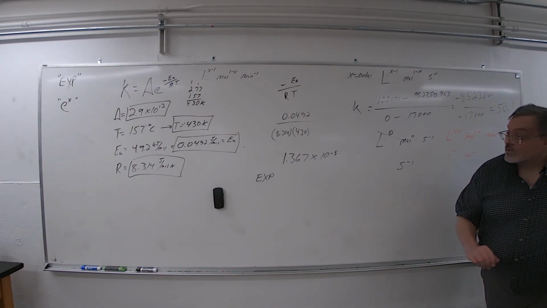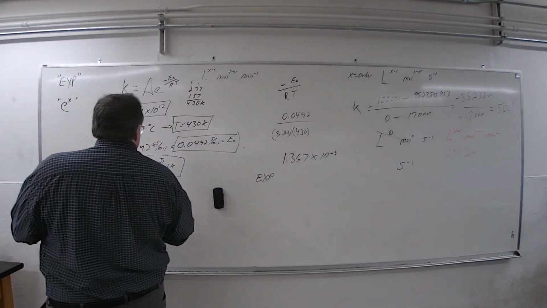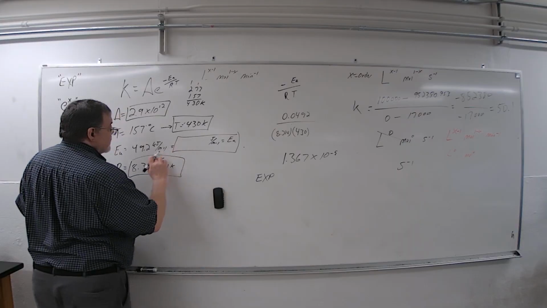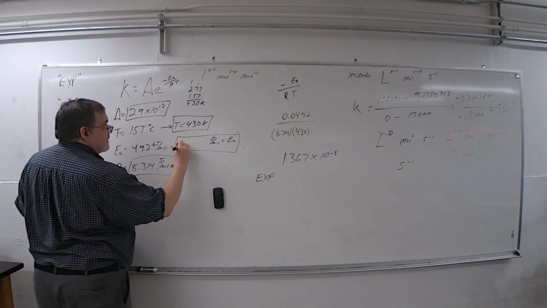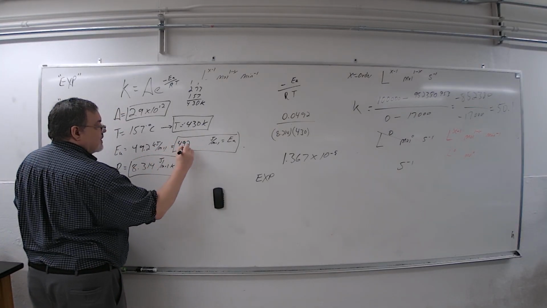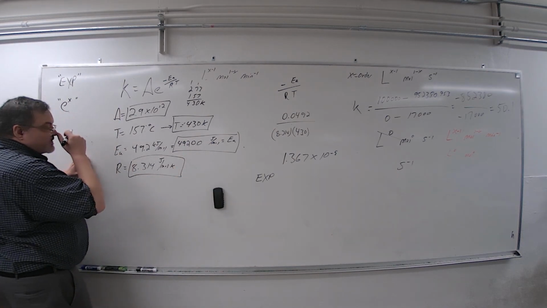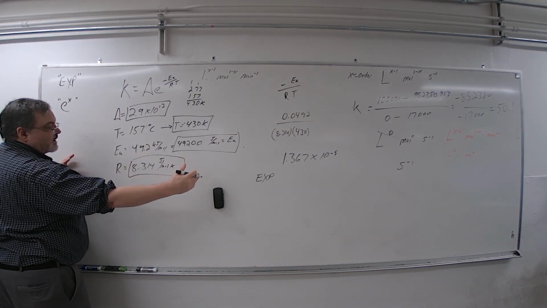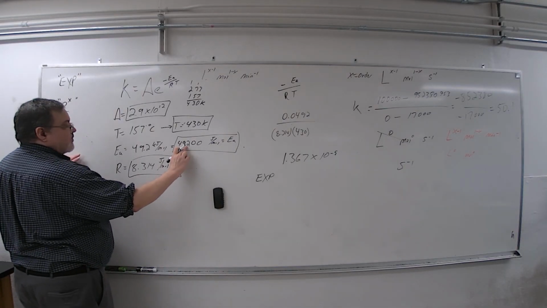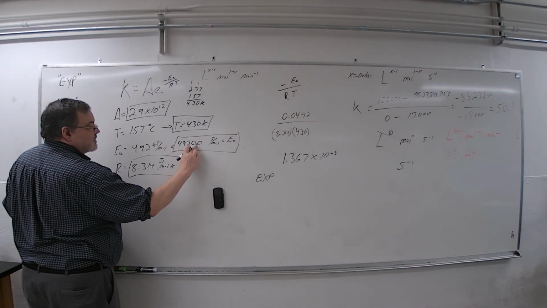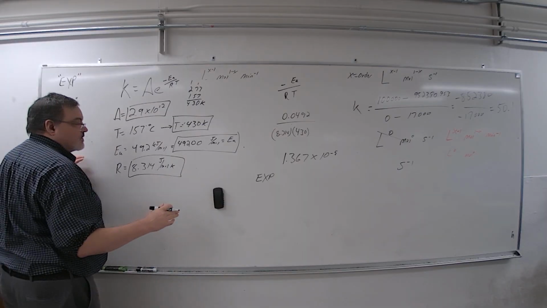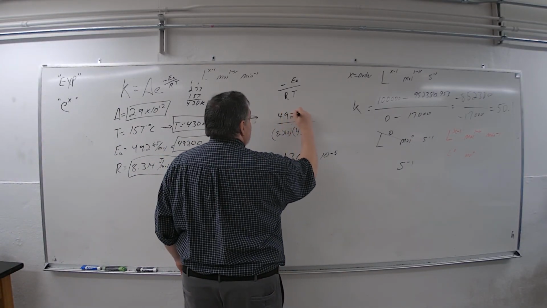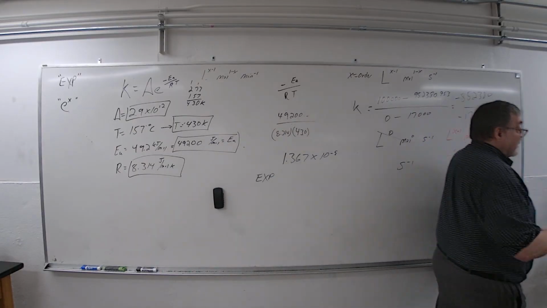Oh, I did this wrong. If it's that many kilojoules, I move the decimal the wrong way. 1, 2, 3. Sorry. All right. If that's the kilojoules, the joules is going to be a much bigger number. So 49.2, 1, 2, 3, 49200. That's what I should do.